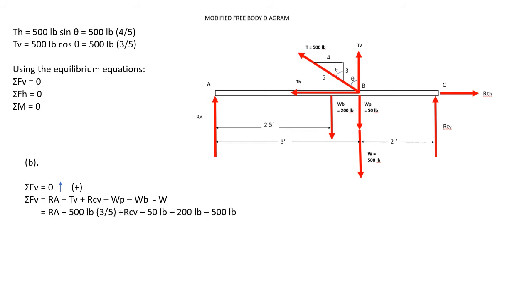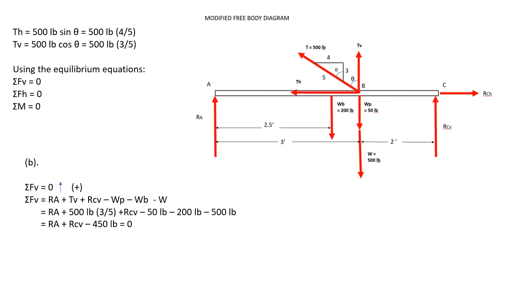Therefore, we now have RA plus 500 pounds times 3 over 5, which is the vertical component of the tension force, plus the reaction at C vertical, minus 50 pounds, which is the weight of the pulley, minus the weight of the beam, which is 200 pounds, minus the weight of the load, which is equal to 500 pounds.